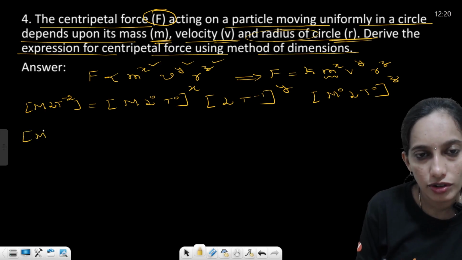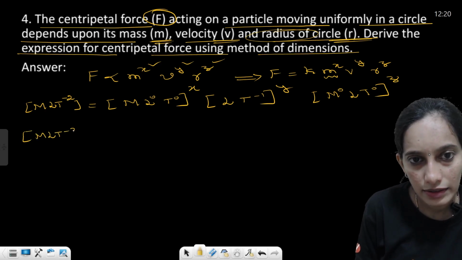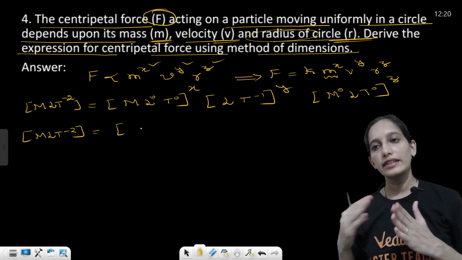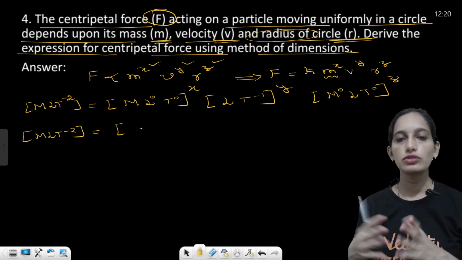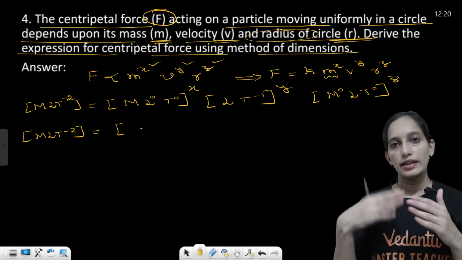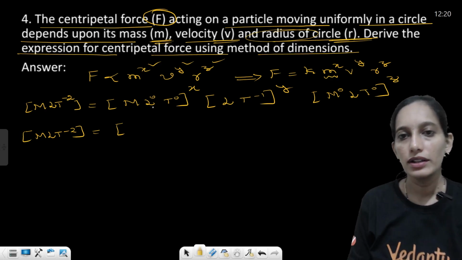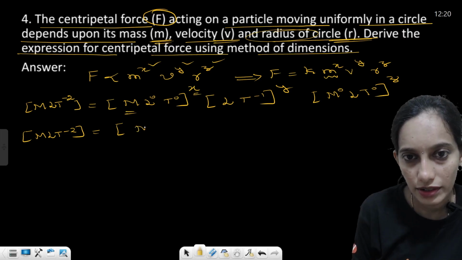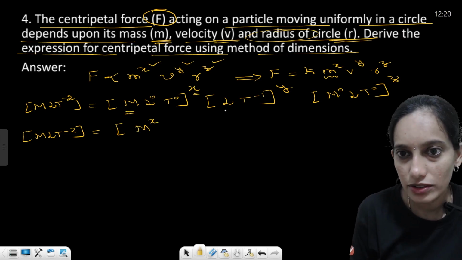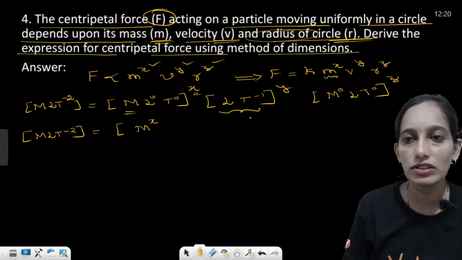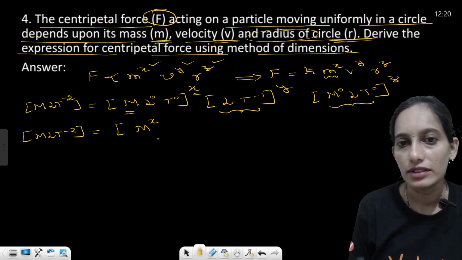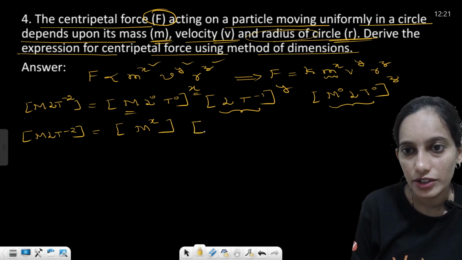The dimension of force, that is M L T^-2, is equal to the following. I'll separate the mass, length and time terms so that it becomes easy while equating their powers. Here we have M raised to x. There is no mass term in velocity, and in the radius there is no mass dependency either, so simply M raised to x.